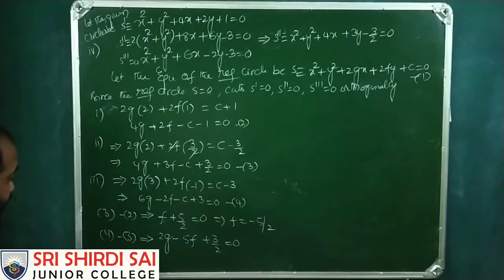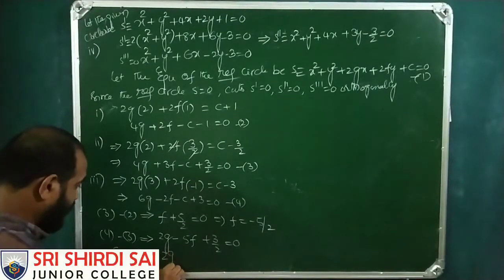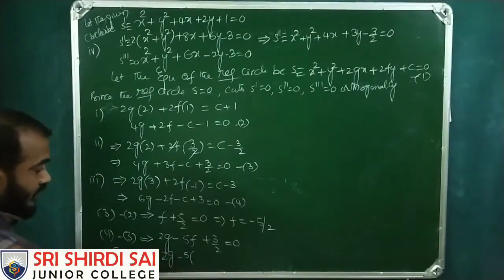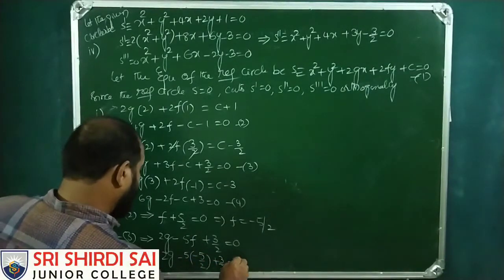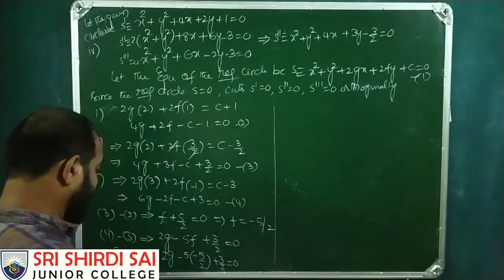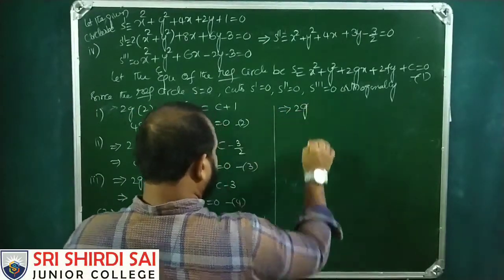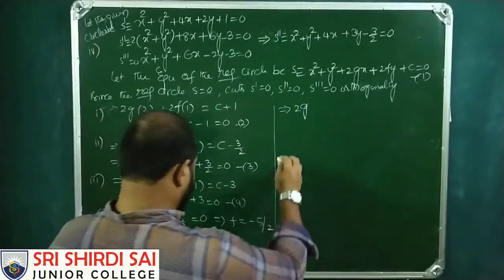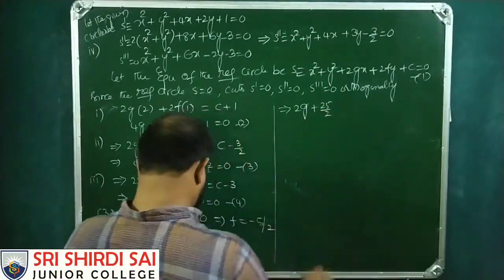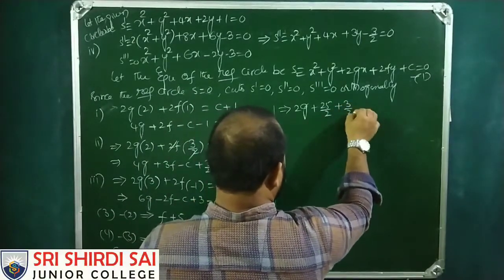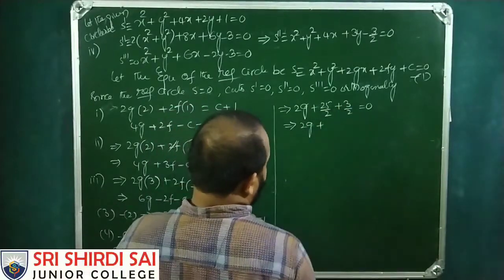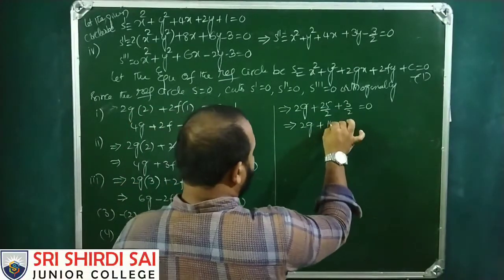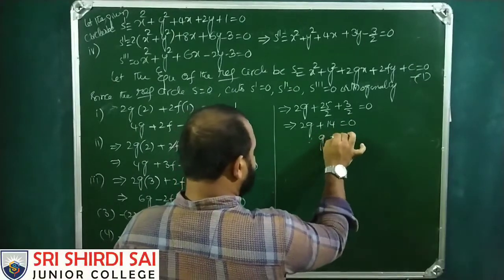Now substituting f, we get 2g minus 5 into f, which is minus 5 by 2, plus 3 by 2 equals to 0. That implies 2g minus into minus plus, 25 by 2 plus 3 by 2 equals to 0. 2g plus 25 plus 3 is 28 by 2, which is 14 equals to 0. Therefore g is equals to minus 7.